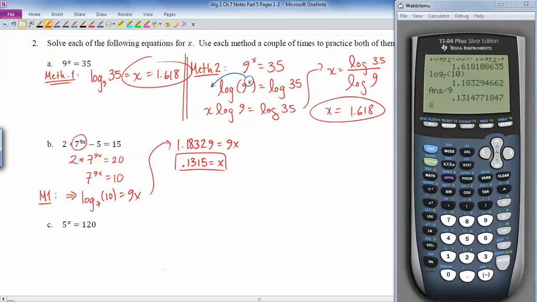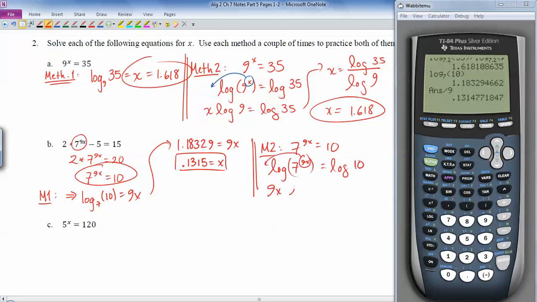Okay. Now if we had used method 2 instead, I'll just write method 2 here. No matter what, we're going to go from that step. So 7 to the 9x equals 10. And then we just take the log of both sides. Log of 7 to the 9x equals log of 10. And then the 9x comes down in front. So I get 9x times log of 7 equals log of 10.